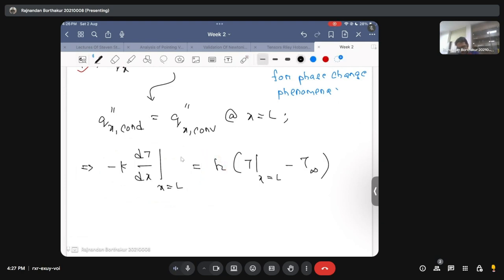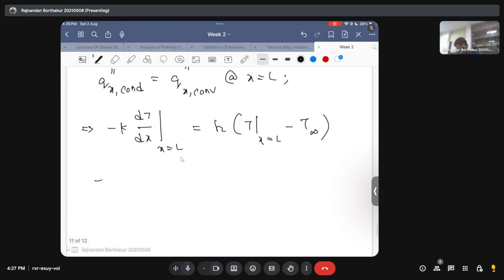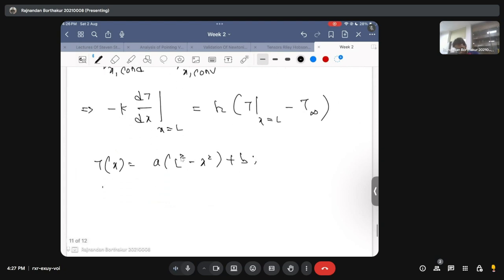Why? Because we know the temperature profile. So what is T as a function of x? T as a function of x is A times (L squared minus x squared) plus B. And we have also evaluated dT/dx, which is just minus twice A x.